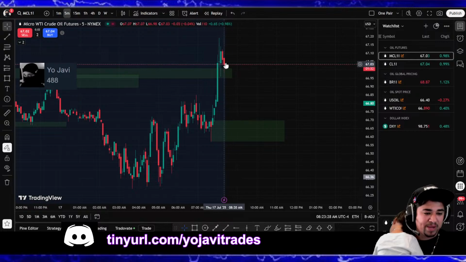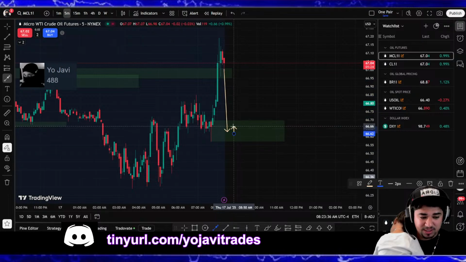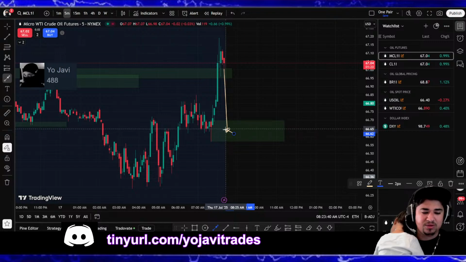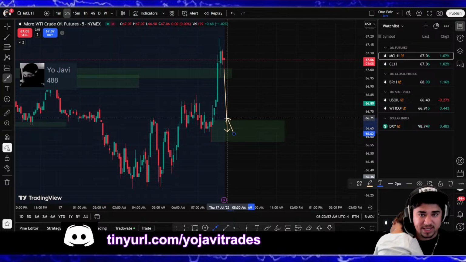Now, technically, after it comes back, as long as it doesn't invalidate it and it starts going back up, you could have candles closing inside. You can, as long as they don't close outside and don't wick the box. But then you have to wait for the entry signal. The entry signal is the break of the previous candle.